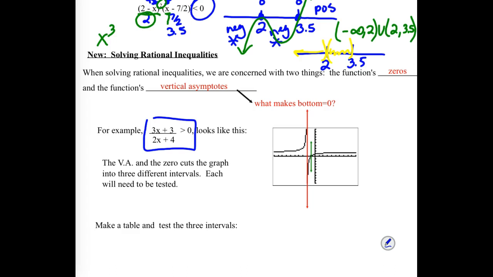All right. We've given you a picture of it, but we are going to be solving these algebraically because for polynomials, we can predict the shape of the graph a little easier than we can for rational ones. We had some kind of weird shapes over the last few days. So we are going to solve these algebraically instead of trying to figure out what the graph is going to look like. We have a vertical asymptote at what makes the denominator 0. What would make 2x plus 4 equals 0?